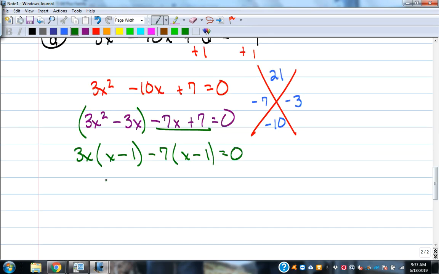And there we have the factors x minus 1, and then 3x minus 7 equals 0. That's the factored form of that problem. That's what that's called. Factored form. Sometimes it's called the intercept form. It's the same thing. Okay. So set each of those equal to 0.